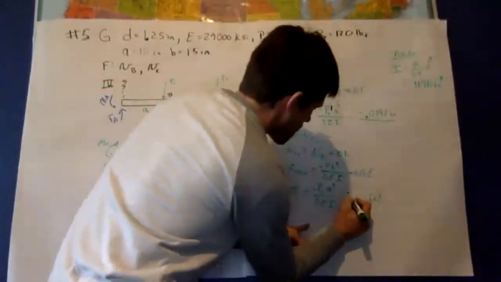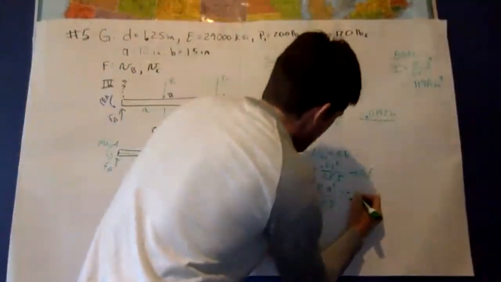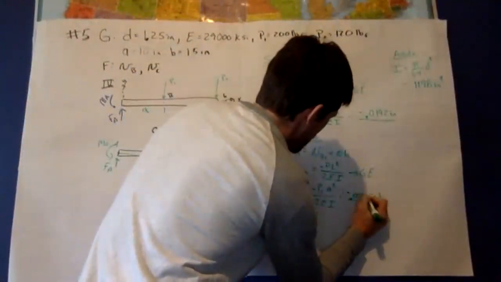And the answer for this is going to be negative 0.0029 radians. Is that negative? Is that negative inferring clockwise?